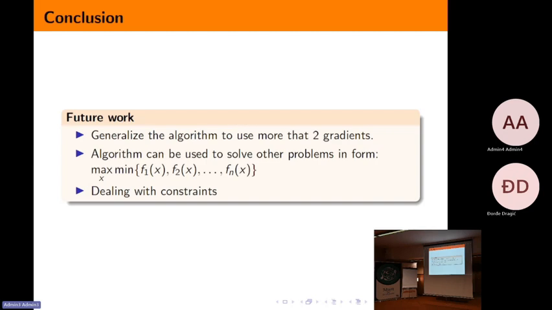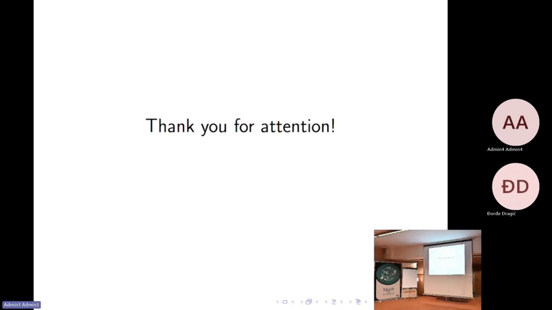And we want to generalize this, separating the algorithm from linear programming to a more global case where we just have a maximum problem. And the third one, as I already mentioned, is the constraints. Thank you.